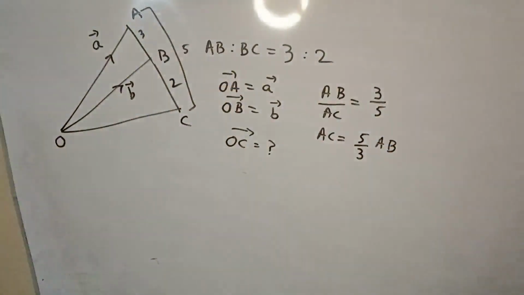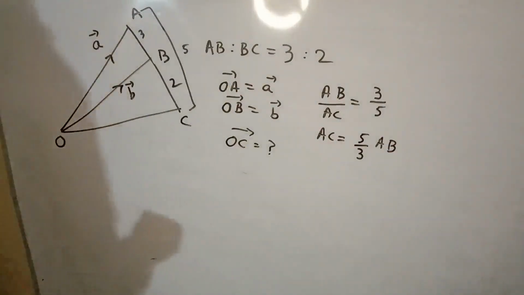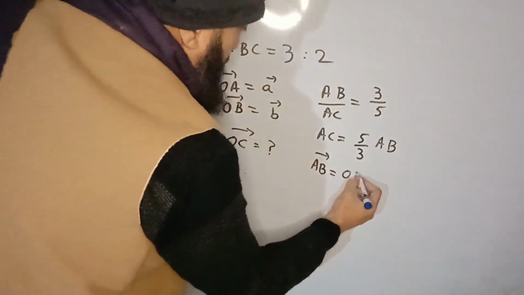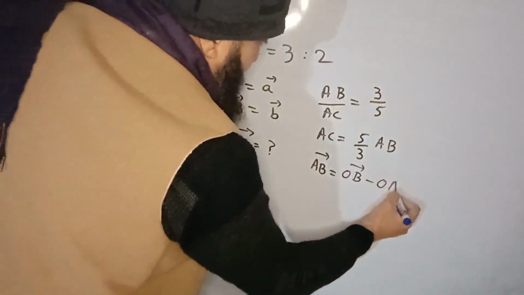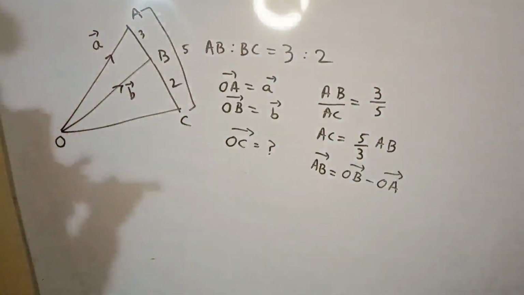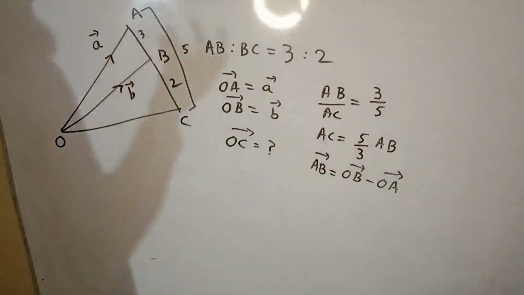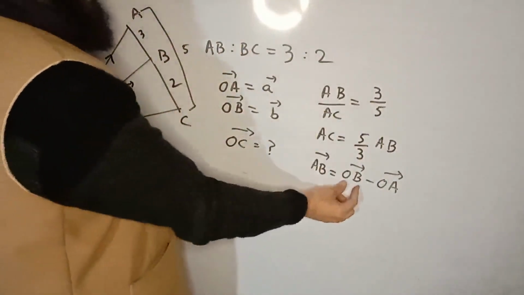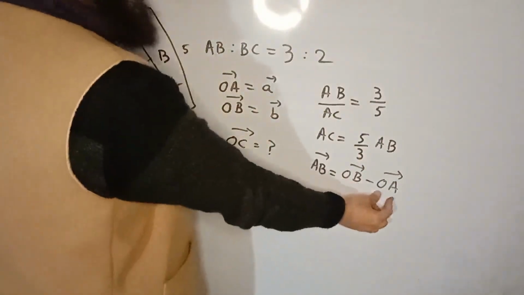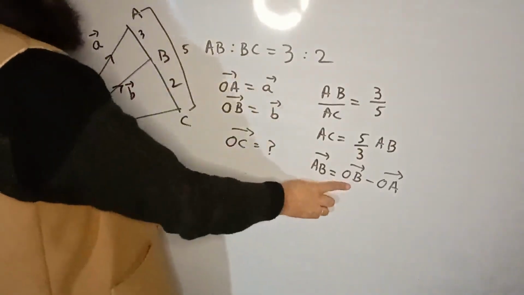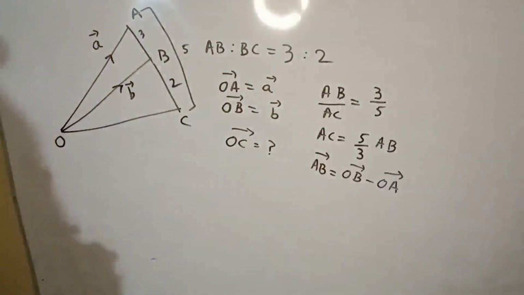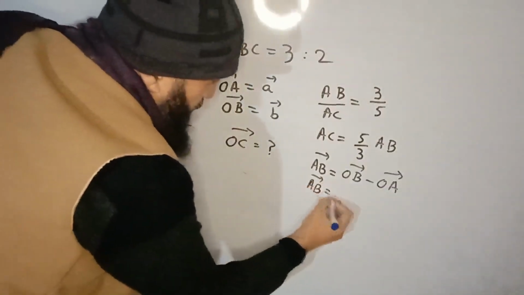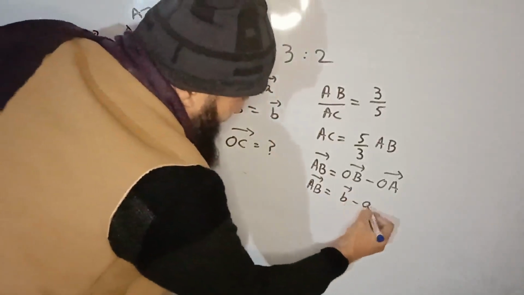Now the vector AB is equal to OB minus OA. This is the triangular law of vector addition. This is a trick: when you have to find AB, it is the position vector of B minus the position vector of A. OB is the position vector of B and OA is the position vector of A. So AB will be equal to b minus a.